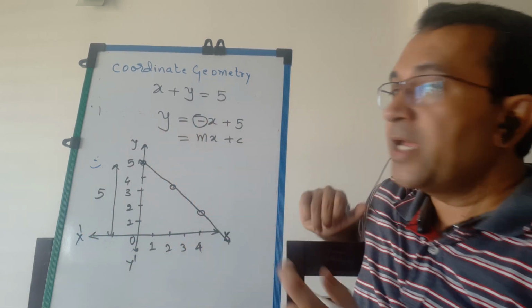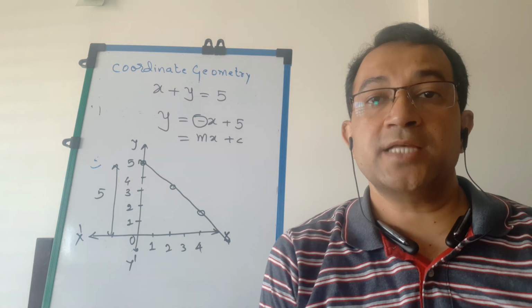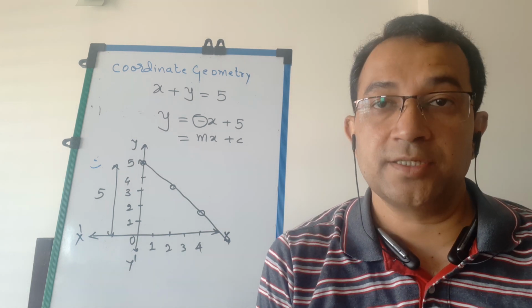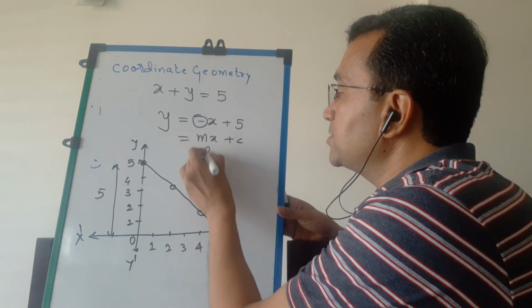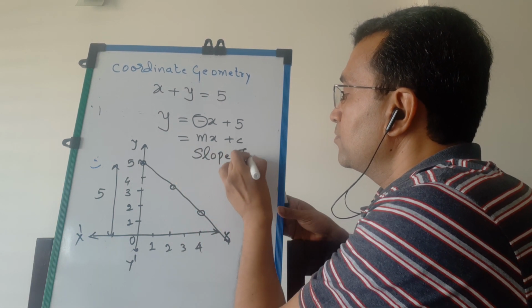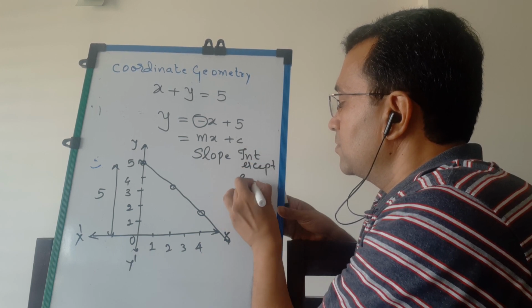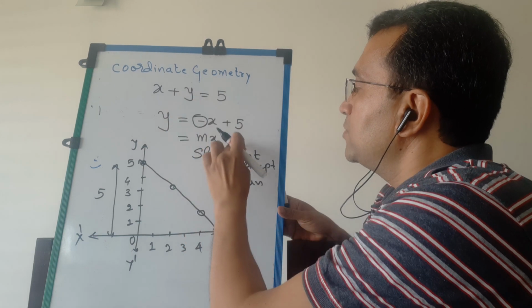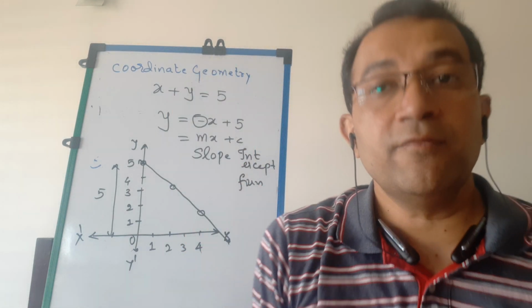So when I make y the subject of the formula and shift the x term and the constant term to the right, that form of the line, student, is called slope-intercept form. So here the slope is minus 1 and the y-intercept, this c, is equal to 5. Why y-intercept?